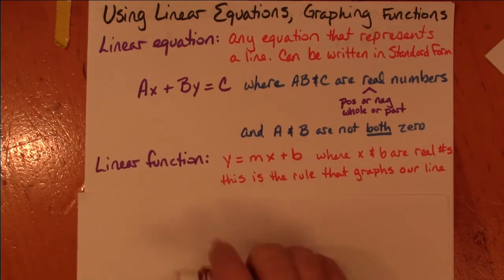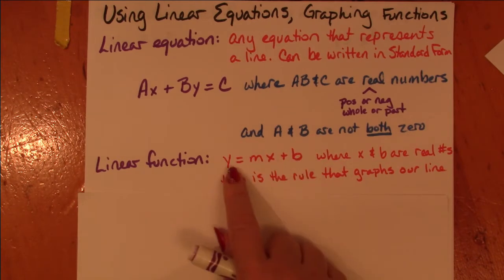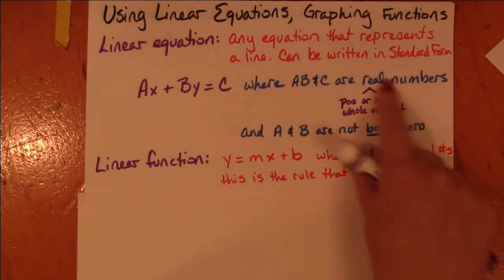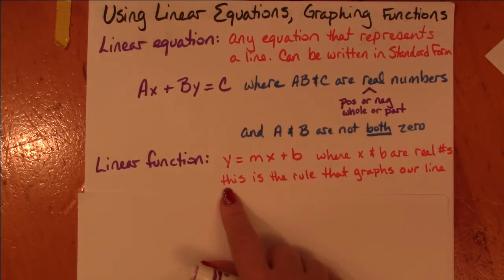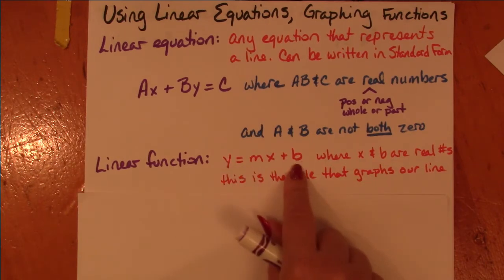A linear function is written y equals mx plus b, where m and b are real numbers, which is just numbers. This is the rule that's going to graph our line. Actually getting it into this format is going to help us graph our line.